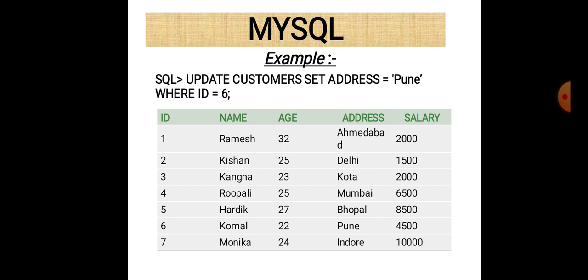If we don't apply the condition, then Pune will be the address of all customers. So here we write where ID is equal to 6. Only the address where ID is equal to 6 is found will be changed, and we can see that ID 6 is Komal. So only the address of Komal will be changed, to Pune.